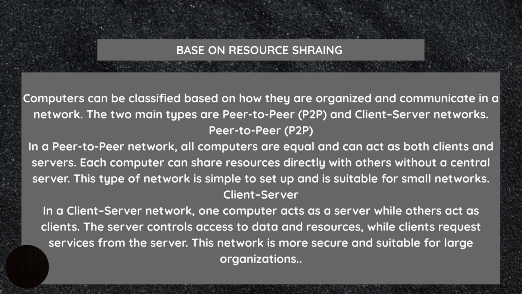In a peer-to-peer network, all computers have equal rights. There's no central device like a server which is used to store information. That is, in the network, all the computers behave both as servers and as clients at the same time. So there's no central device used to store information.